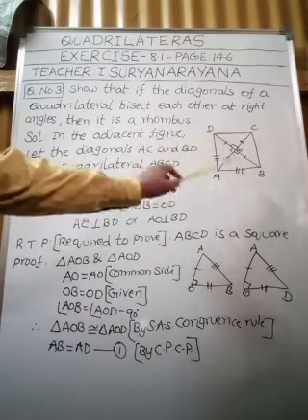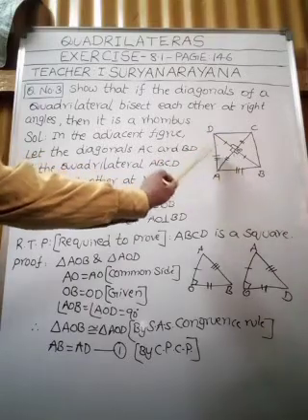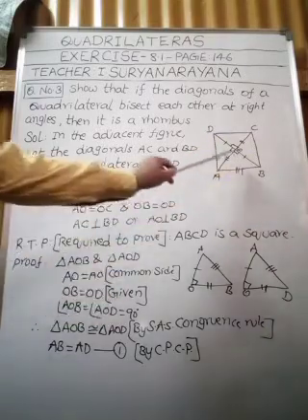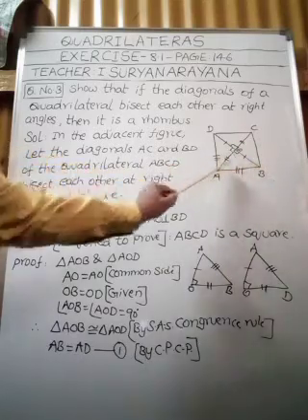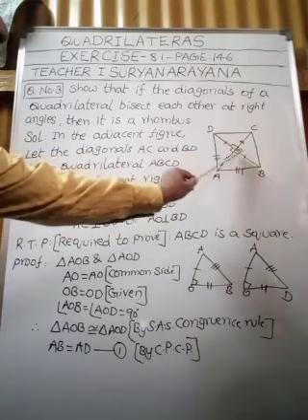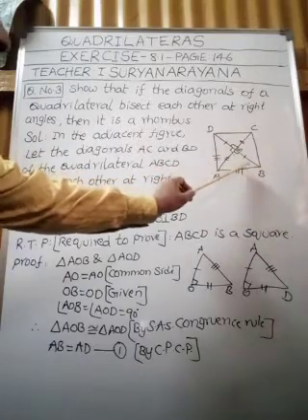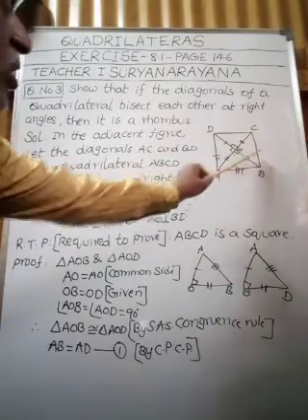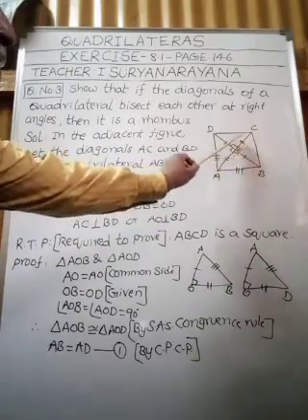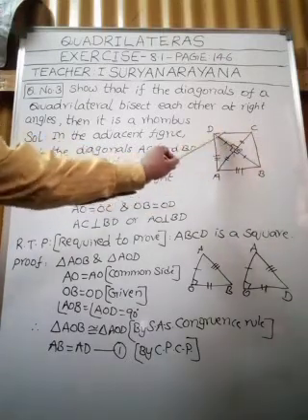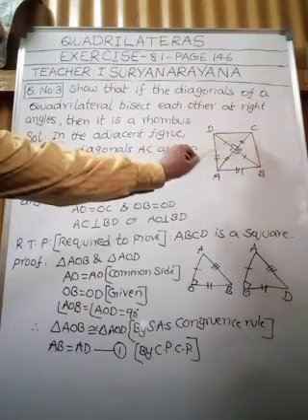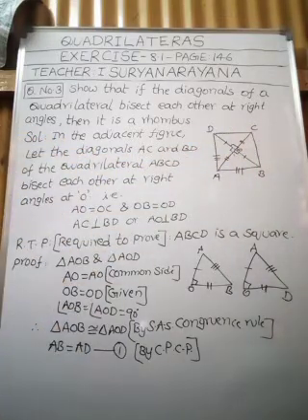So in this quadrilateral, we have proved that these two sides are equal. Similarly, if you take triangles BOA and BOC, then we can prove that these two sides are also equal. Similarly, if you take triangles COB and COD, then we can prove that BC is equal to CD. Okay, my children.